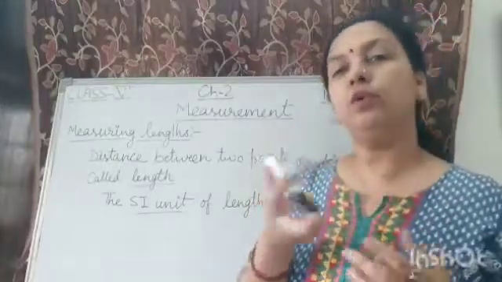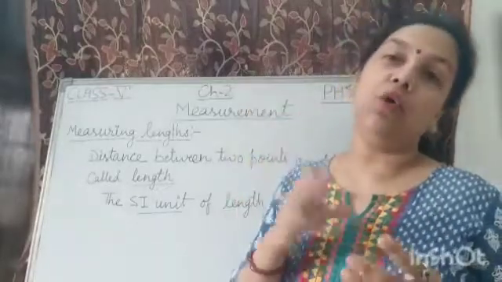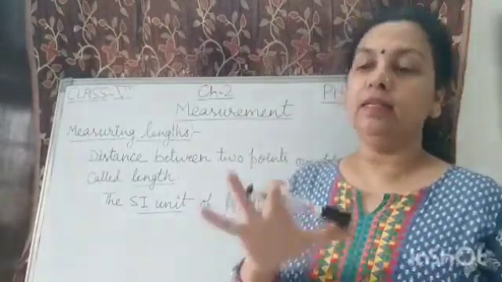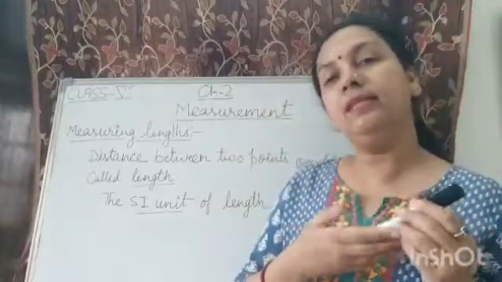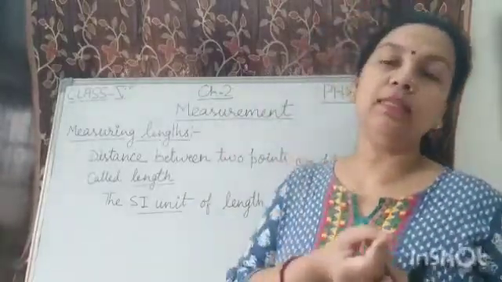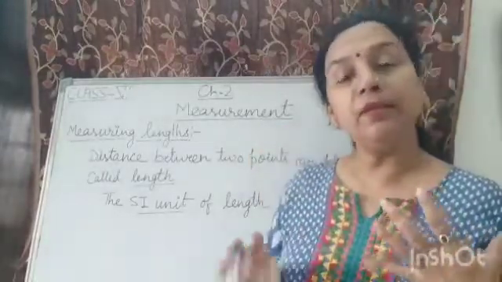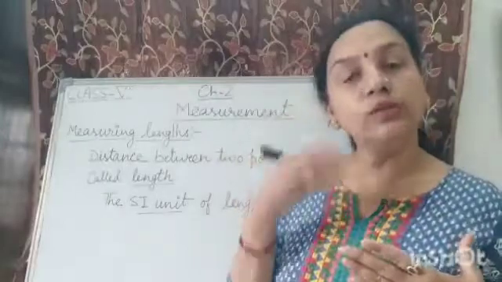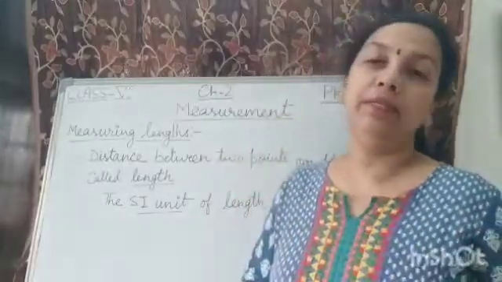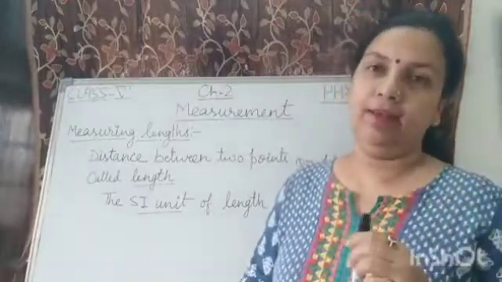So here we use centimeters, which is the hundredth part of a meter, and that is quite suitable to express these lengths. Similarly, if we have to measure the thickness of a coin, here we use millimeter, which is the thousandth part of a meter and quite suitable to measure very short lengths.